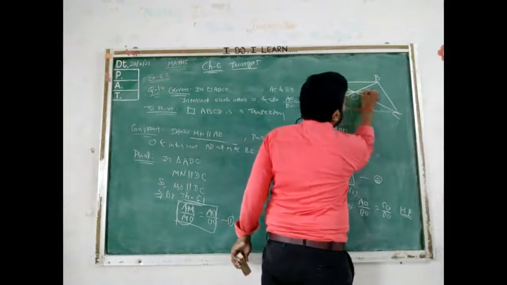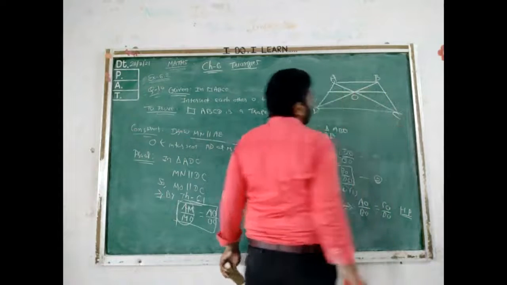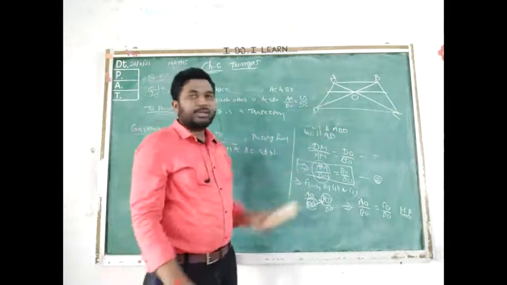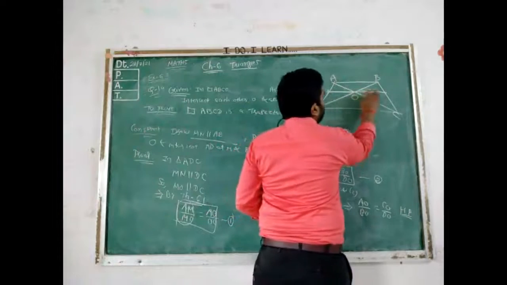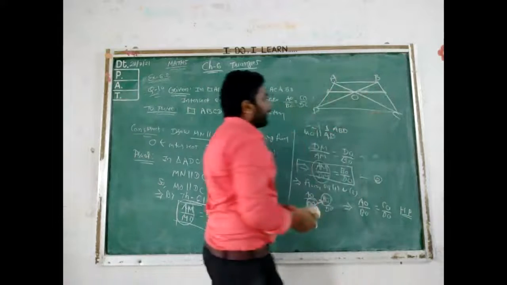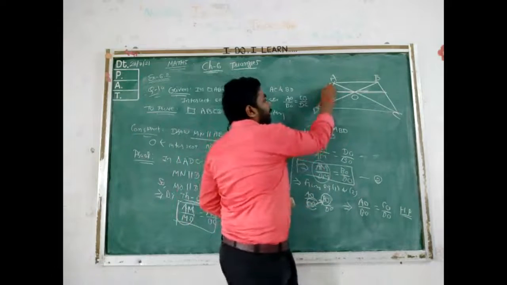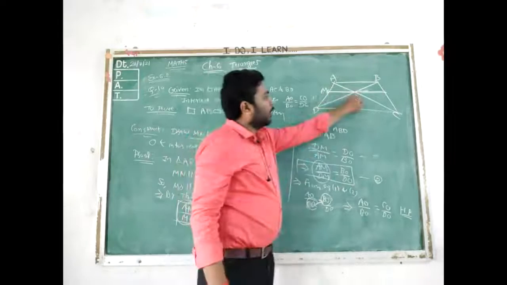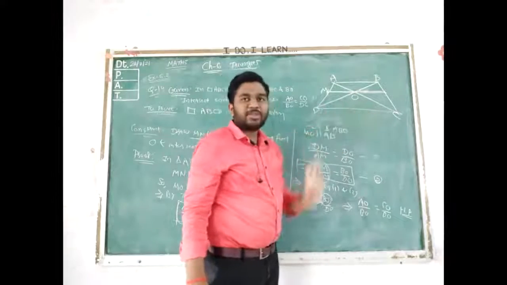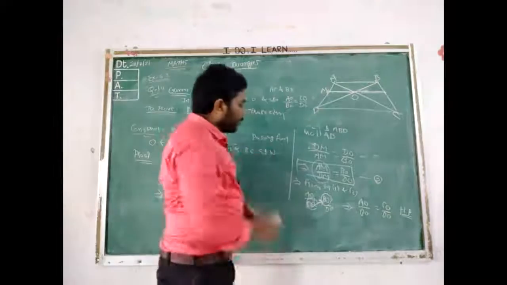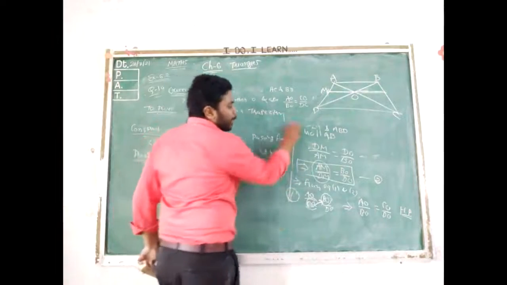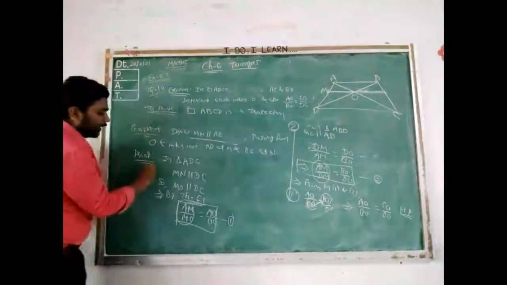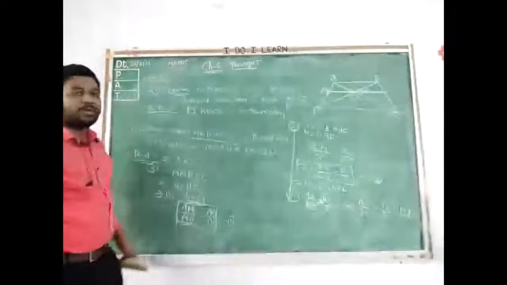Let's draw a line which is parallel to DC. I can just take this OD, or you can take this part MO. MO is parallel to DC. So the first step would be this one, then the second step you can take this one, and the third step you can take this one.